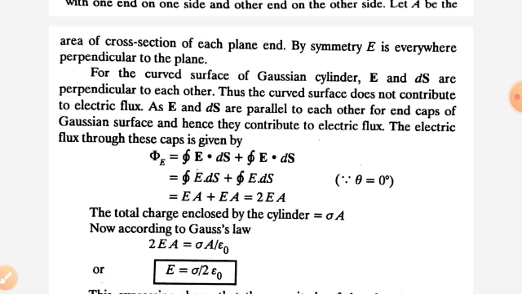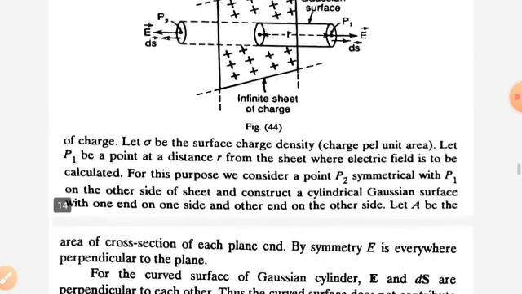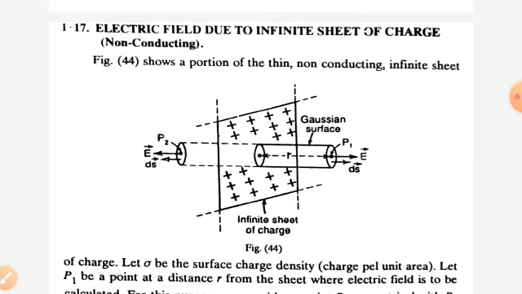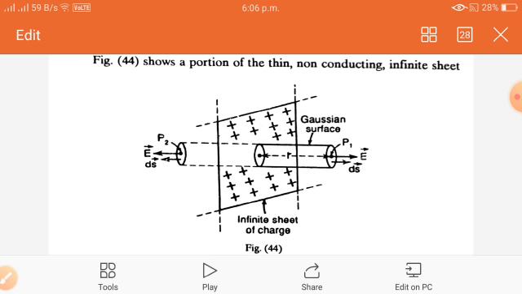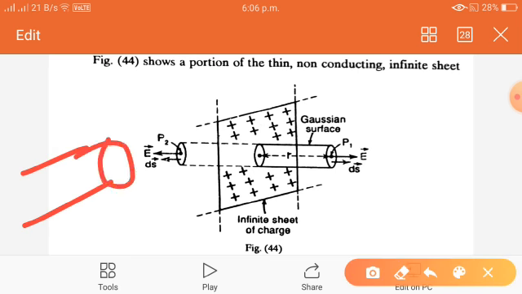By Gauss law, phi is equal to the integral of E bar dot ds. Observe that this is the Gaussian surface in the form of a cylinder. On the curved surface, the electric field is always away from the positive charge.